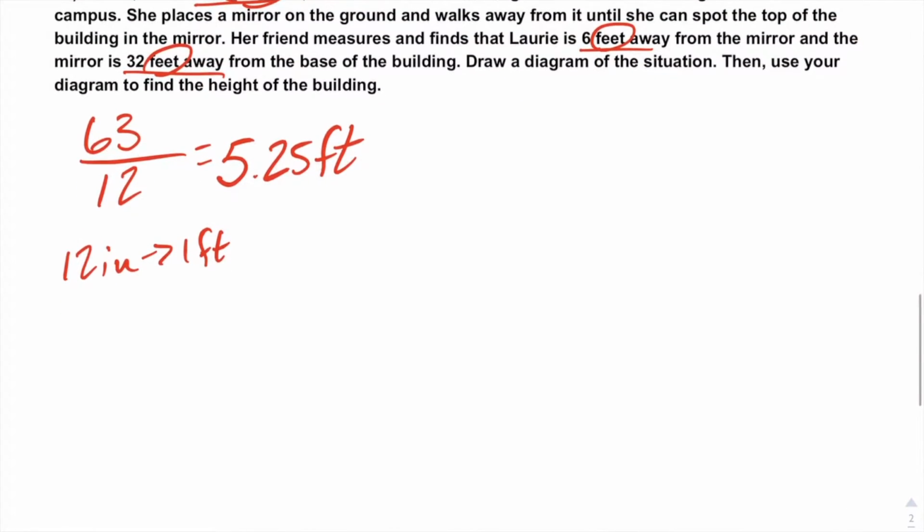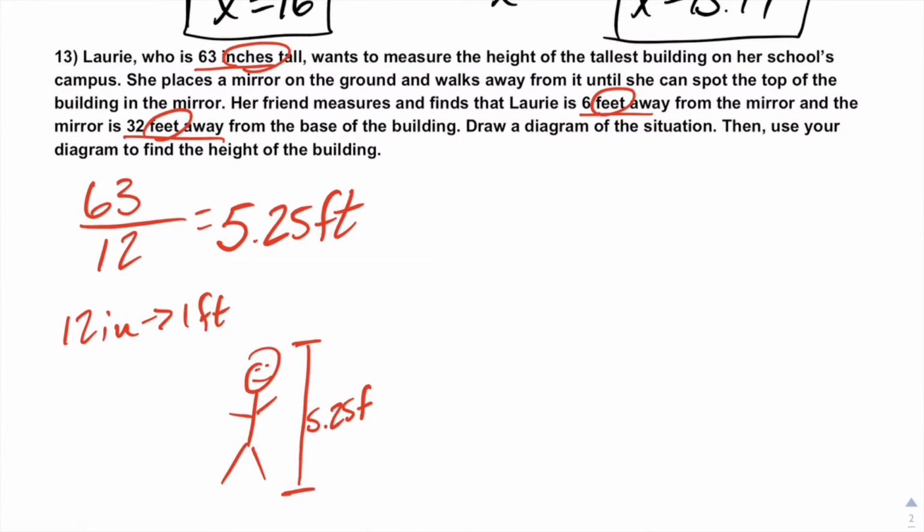So let's draw our picture. That's 5.25 feet. And we know that Lori is 6 feet away from the mirror. So we're going to say a mirror is right here.